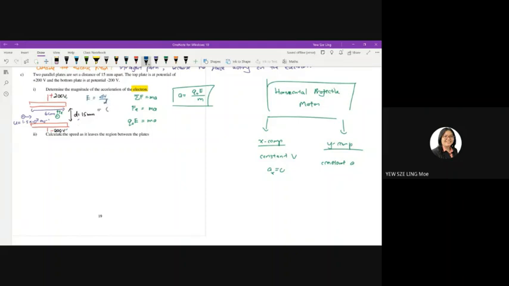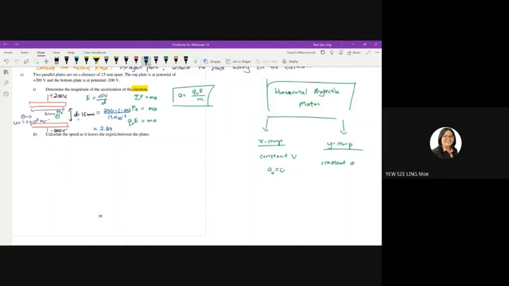Delta V, negative 200. Okay, it starts from negative 200. We just want to find the difference. So we want to calculate delta V over d, which equals 200 minus negative 200 over d, the distance between them, 15 times 10 to the power of negative 3.